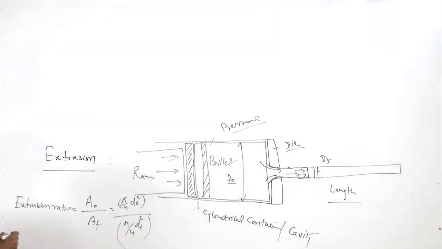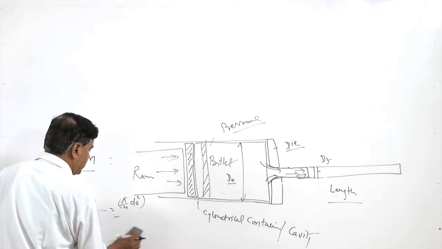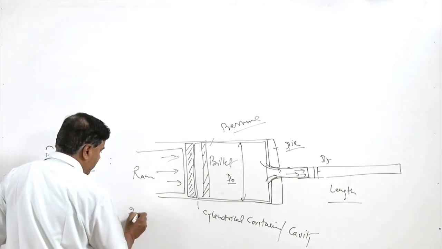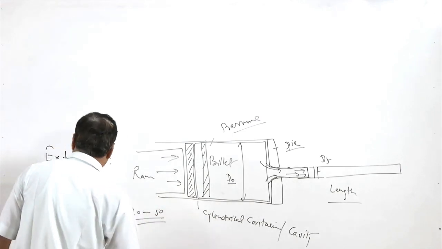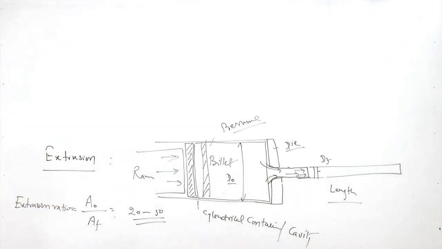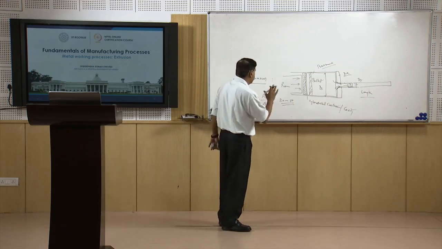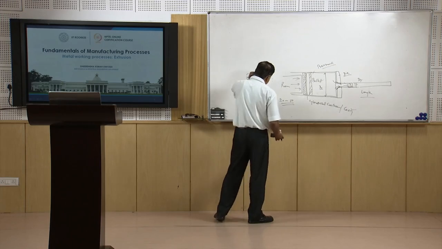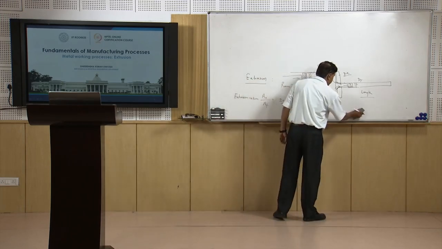This extrusion ratio in the extrusion process is very high, with a value of 20 to 50, while in rolling the reduction in thickness is very gradual, maybe 20%, 30% of the thickness, but here the reduction in cross sectional area is very significant.